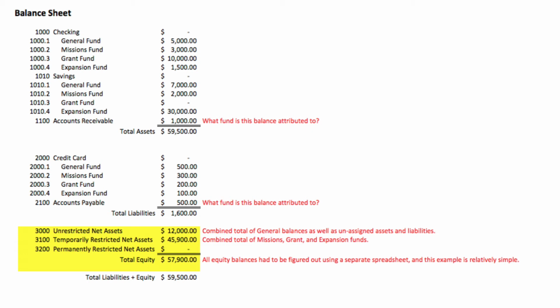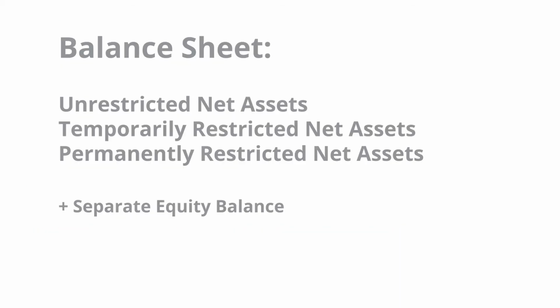The plus side first: it gets you to a separate equity balance, which is great. The downside is if that equity balance, call it temporarily restricted net assets, is actually made up of multiple funds, then you've gotten a little bit more detail, but not quite.